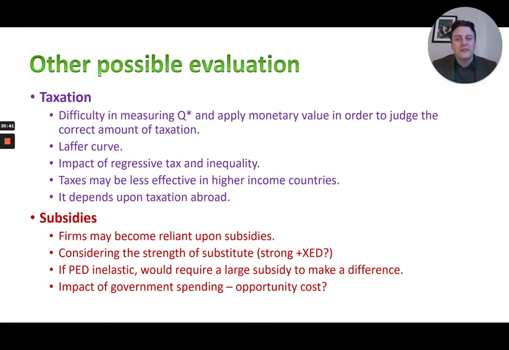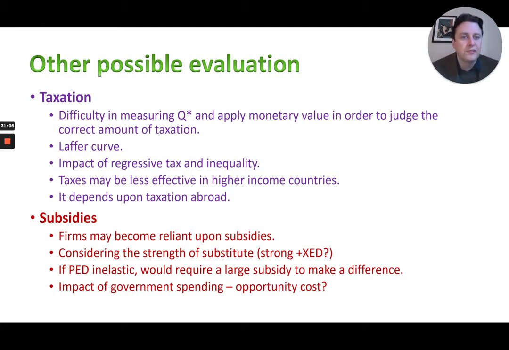Okay, so there are other evaluation points that we could go into here, some key evaluation points. It's quite different for taxation. It's very difficult to measure Q star, the socially optimal level, and apply a monetary value to that and to judge the correct amount of taxation. So this is a calculation issue.